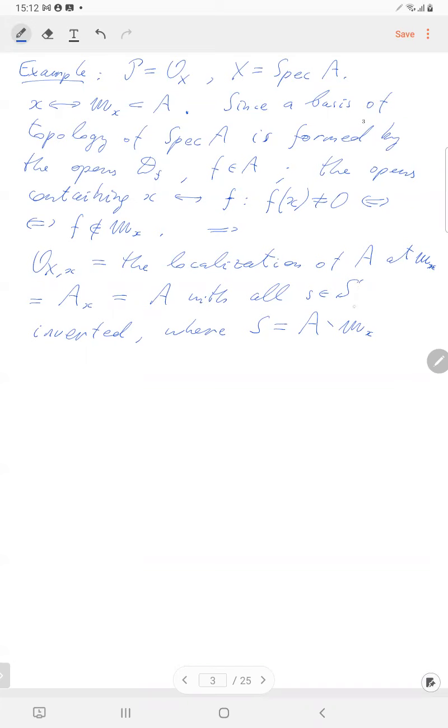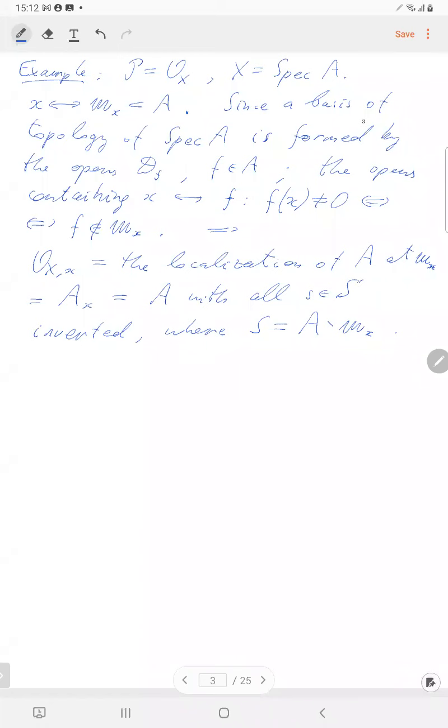So you almost take the field of fractions of A. You invert most functions in A, only not the functions which vanish at x. Okay, so this is an example of stalk.